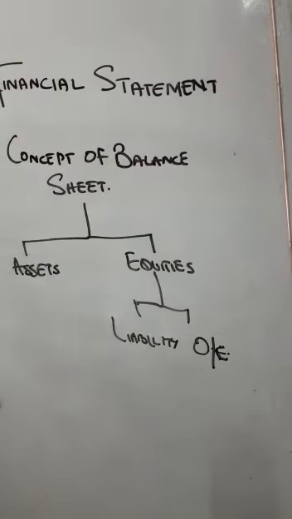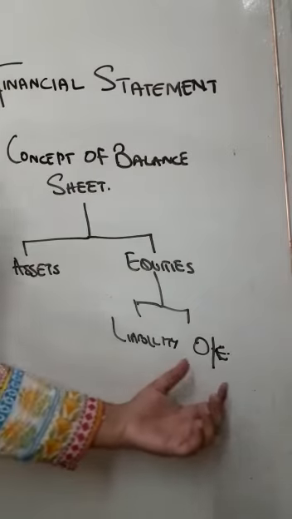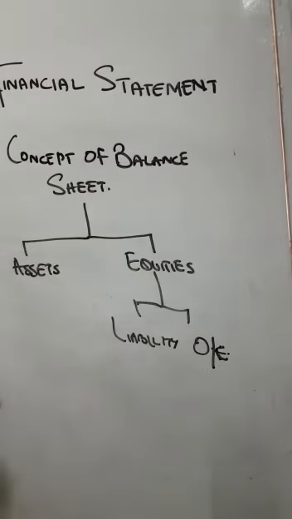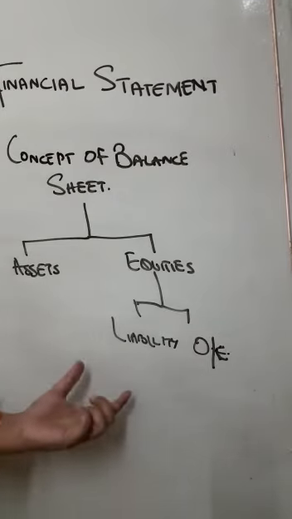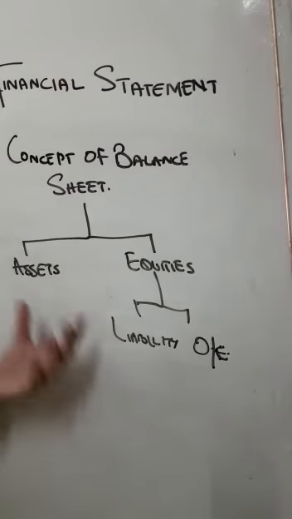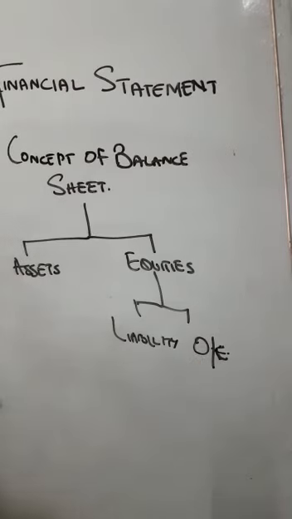So in short, we can say that balance sheet depicts the picture of assets, liabilities, and owner's equity. It shows what the company owns in the form of assets. It shows what the company owes in the form of liability, and what is left for the owners.